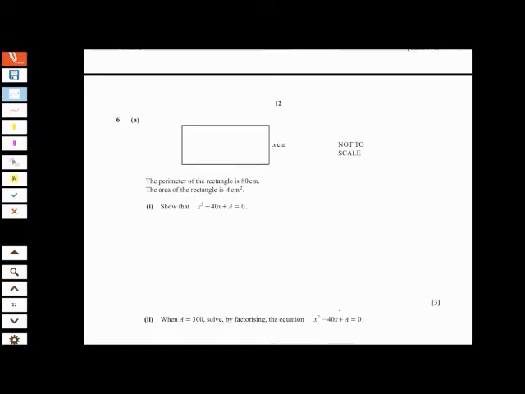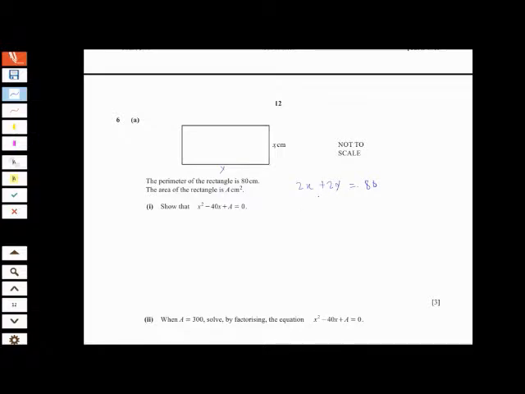So now the perimeter of the rectangle is 80 centimeters. The area of the rectangle is A. Okay. Now we know that this is x. Let's name this y. Now we know that 2x plus 2y equals 80. That's the perimeter, right? So let's write y in terms of x. How would you do that?